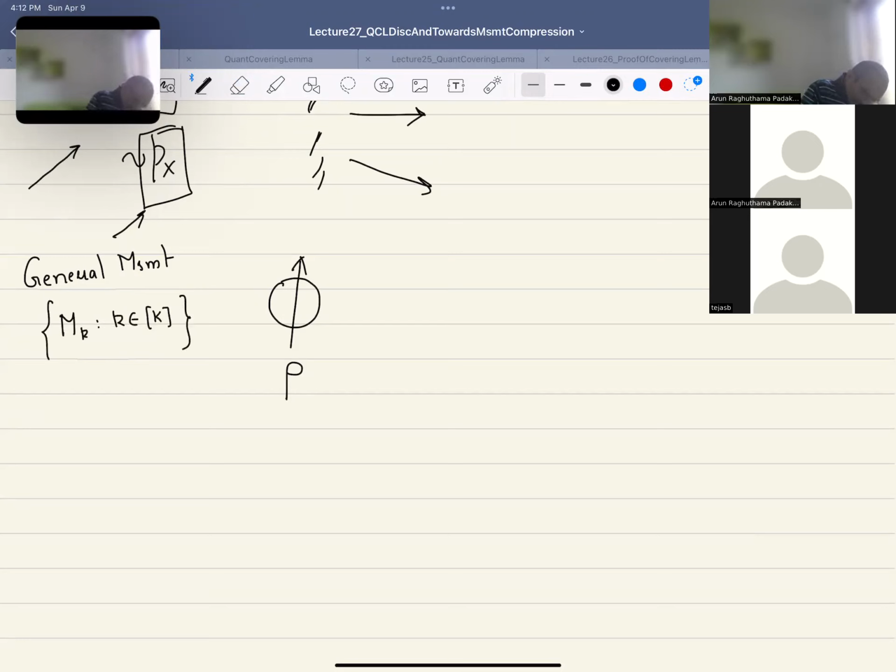What happens? This quantum state will go to M_k rho M_k dagger divided by trace of M_k rho M_k dagger. Let me call this theta_k, if my classical register ends up in state k.